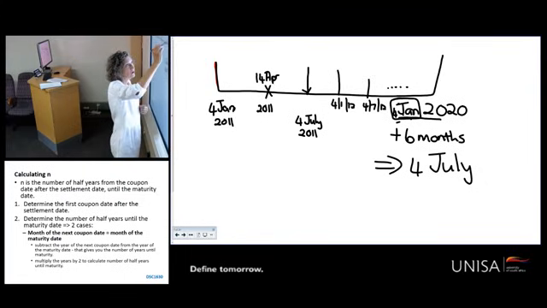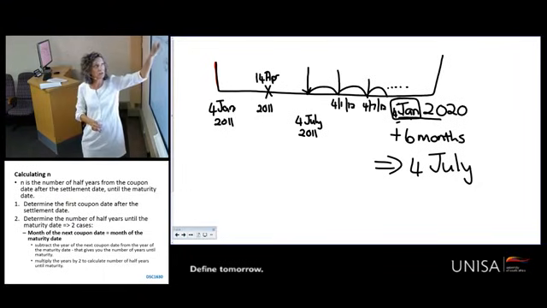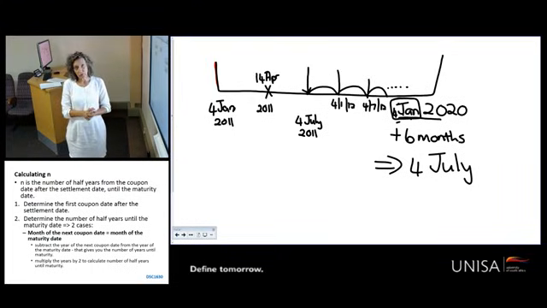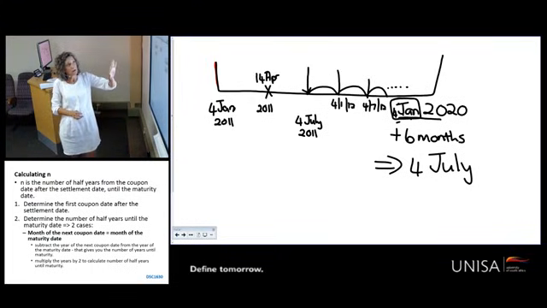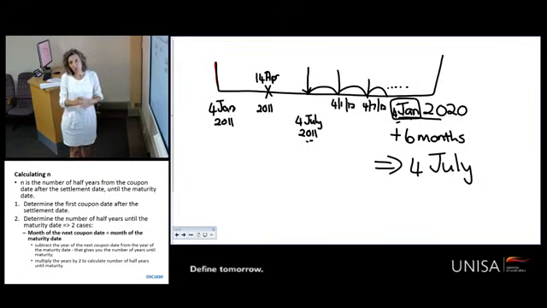So you would count 1, 2, 3, 4, 5, 6, 7, 8, and so forth. Remember, you count the periods, not the dates as such. That is your N value. Now, if this is a very long period from 2011 to 2020, it takes quite a long while to calculate that specific N value by hand.